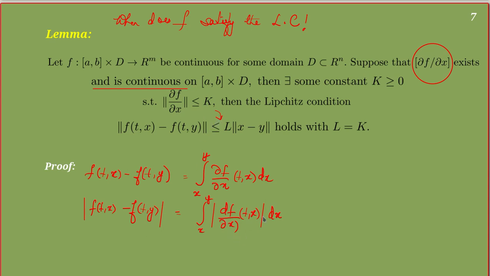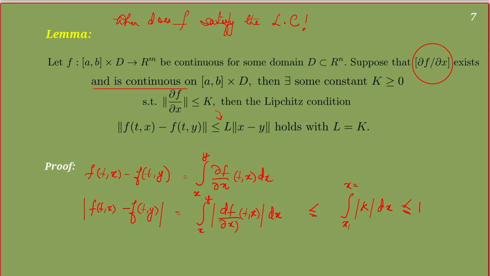Now if I take this less than or equal to k, I can write this as less than or equal to the integral from x1 to x2 of k dx, where k is greater than or equal to 0.